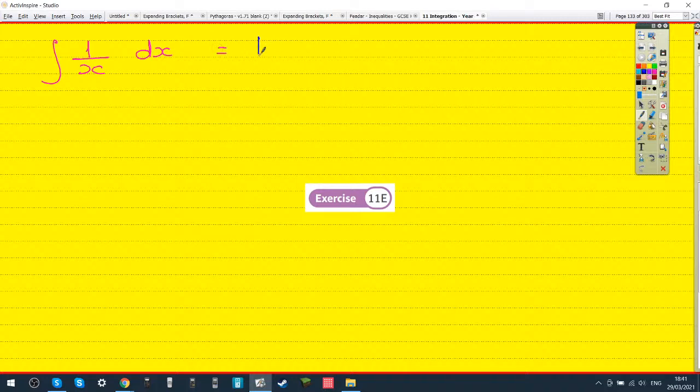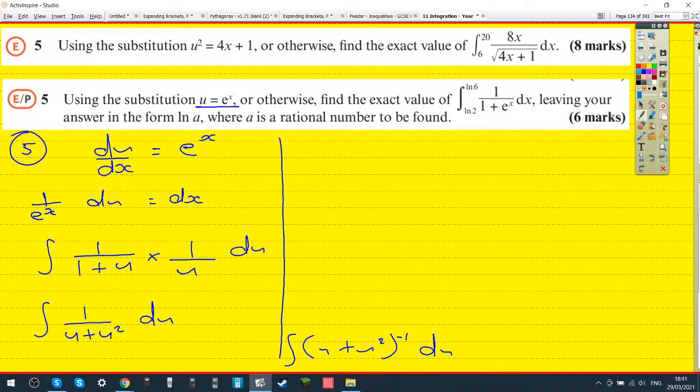Ln x. Yeah. And I'm assuming here it's going to be ln and then magnitude of u plus u squared. Ln, yeah. Okay.